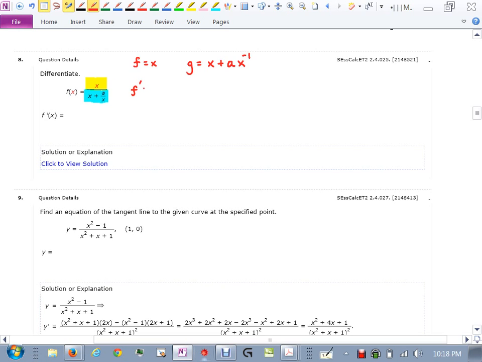Now let me grab my derivatives real quick. The derivative of f is 1. Now be careful here. The negative 1 comes out, makes it a negative a. I subtract 1, x to the negative 2. All right. So the derivative should be the derivative of f, which is 1, times g, which is 1 minus a. Oh, no, that's not it. I almost put g prime there. Times g.